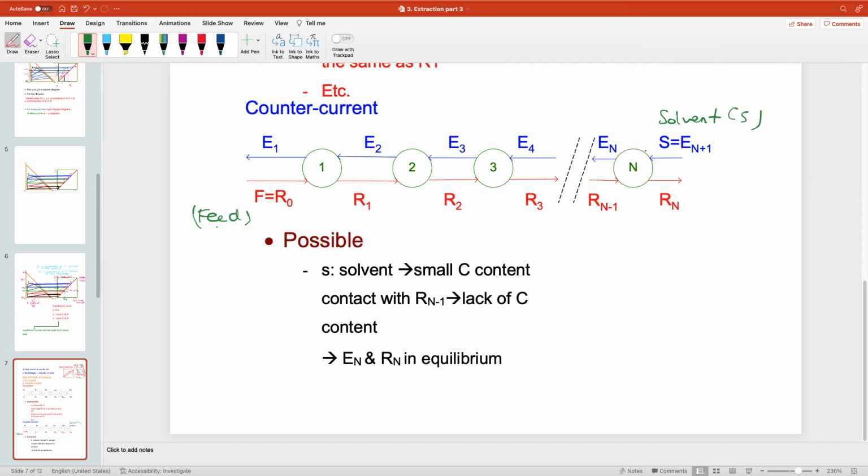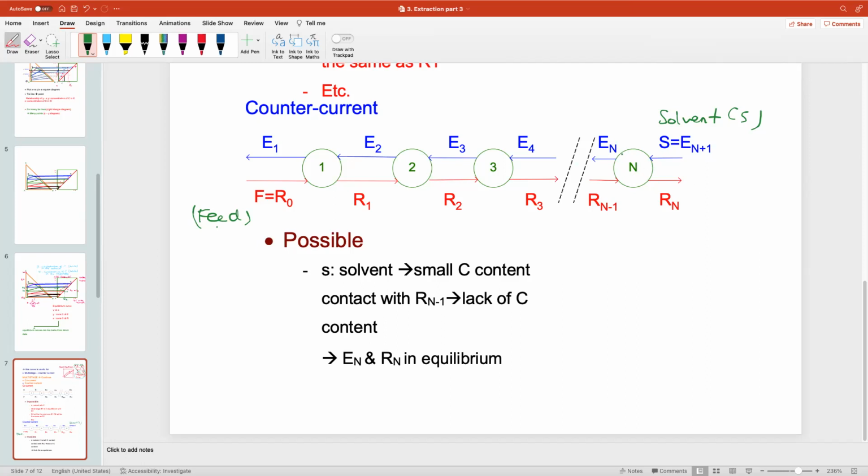The solvent will contact with the raffinate in the end stage, and then it will mix together, and because of the mixing, there is a contact between the liquid and liquid in the interface, and then there is a mass transfer of the solute, and it will leave out to the extract and the raffinate.